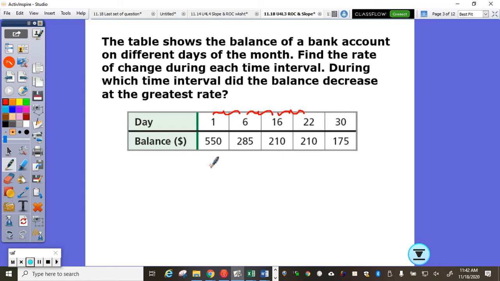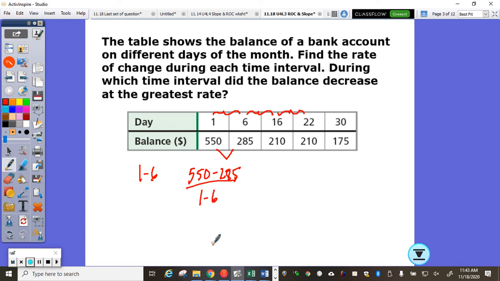So then I'm going to go ahead and say, okay, well, for day 1 to 6, my change in the balance, we can say, is 550 minus 285 over 1 minus 6.